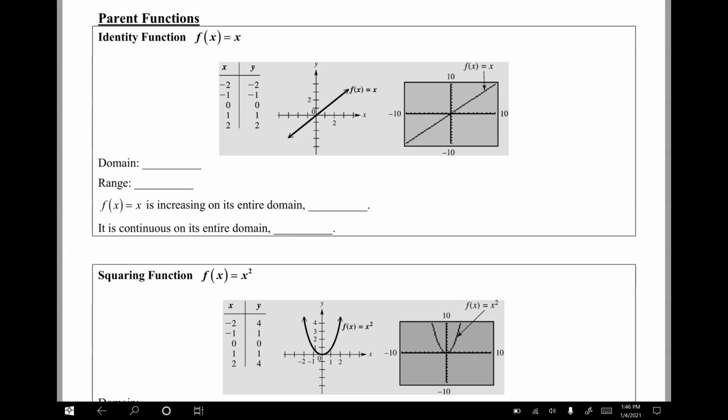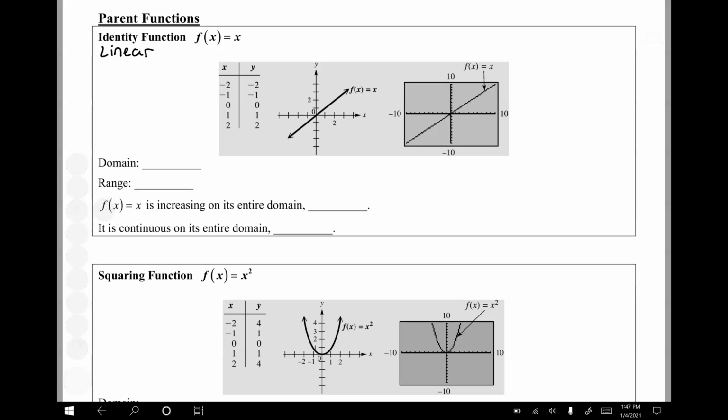Okay, so we're going to look at several different parent functions, but first let's look at the identity function. This is also known as the linear function, but another name for it is the identity function. Think back to when we talked about what it meant for a linear equation to be an identity.